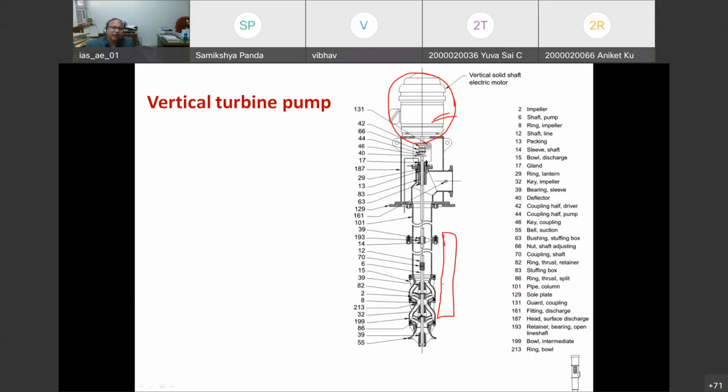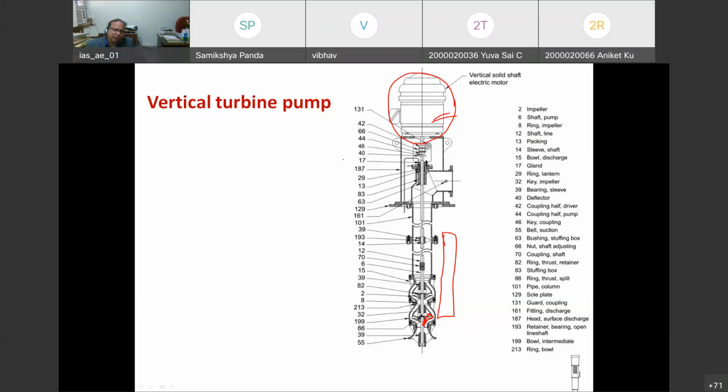The reason is that a few years back, the technology for sealing electrical motors was not very proper, so that we could seal the electrical motor and keep it inside the water without any harm to the motor.